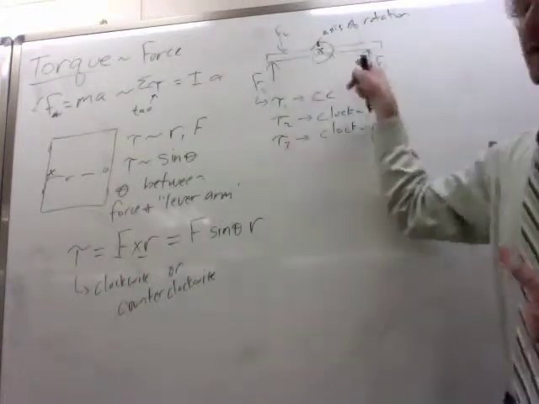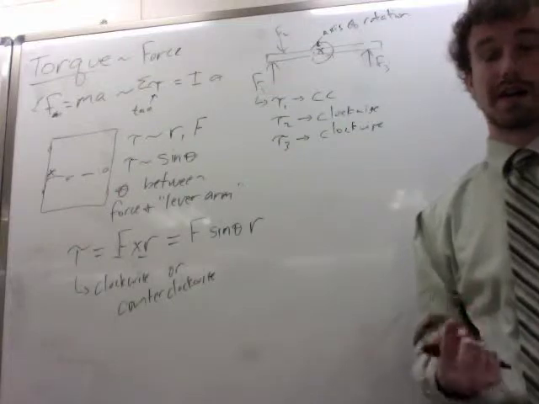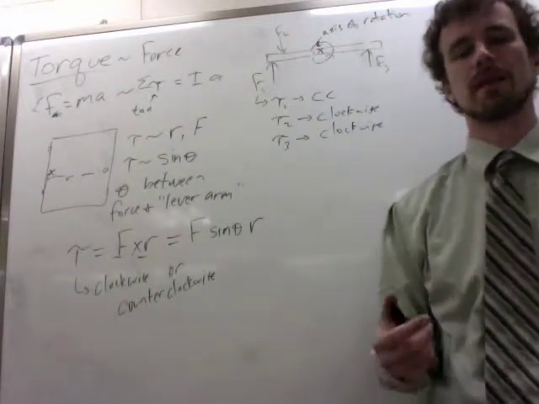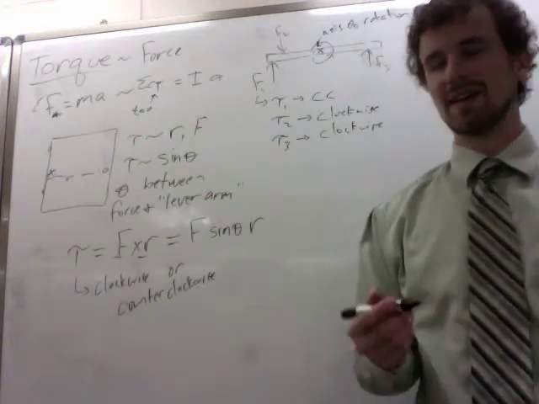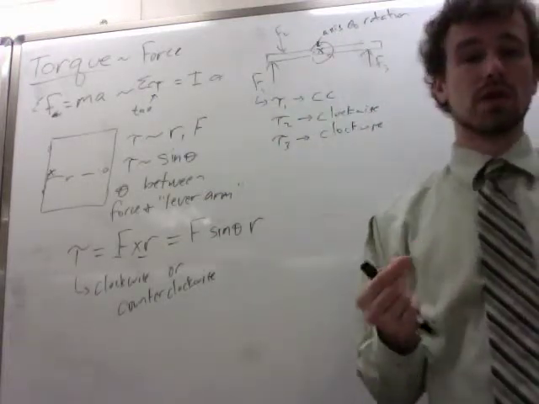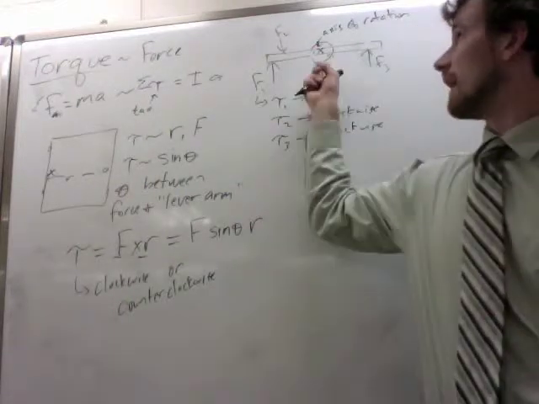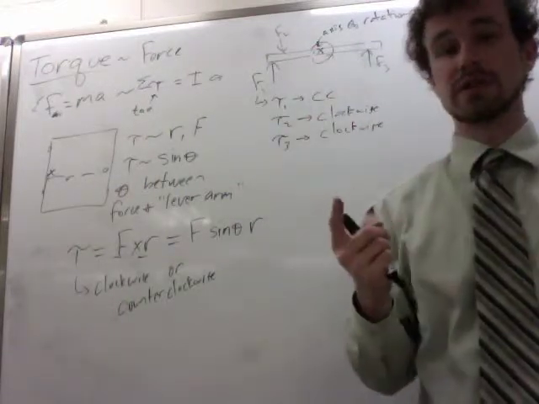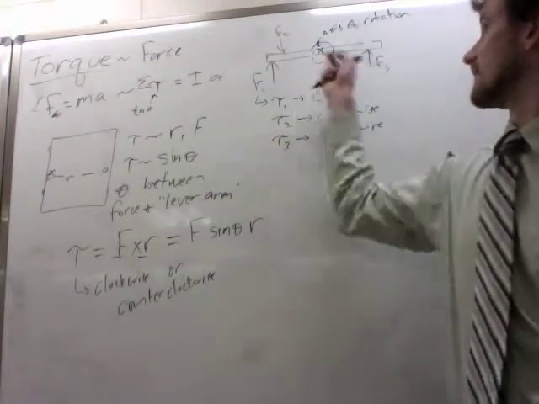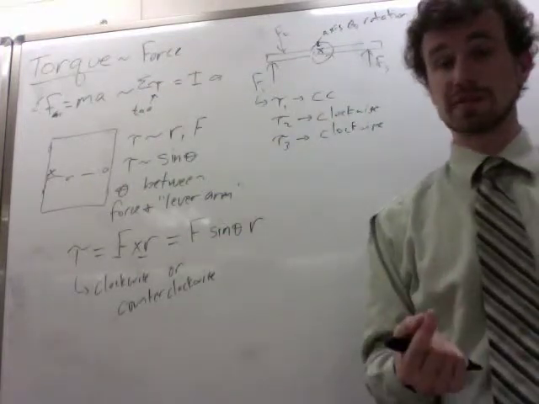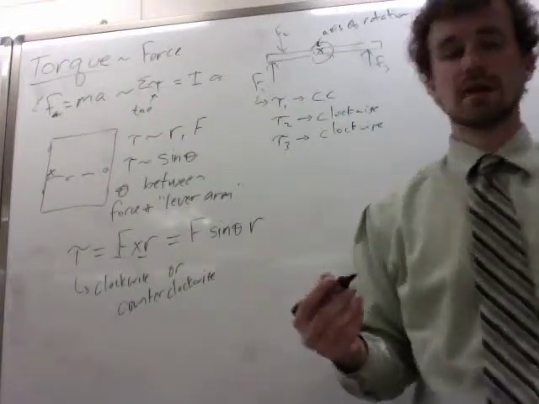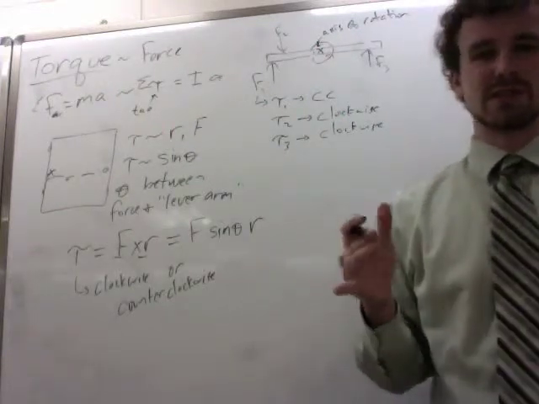Likewise, forces 2 and 3 are in opposite directions, but they cause torque in the same rotational direction. So torque's kind of goofy like that. If F1 and F3 were equal, the net torque acting on this rod could be 0, but then the net force might not be 0. Whereas if F2 and F3 were equal, the net force might be 0, but the net torque might not be. So those kind of weird situations can happen.